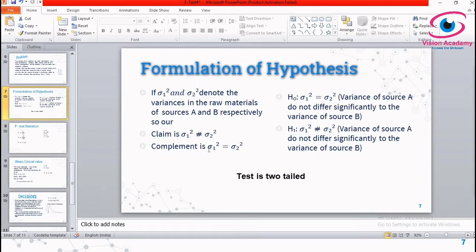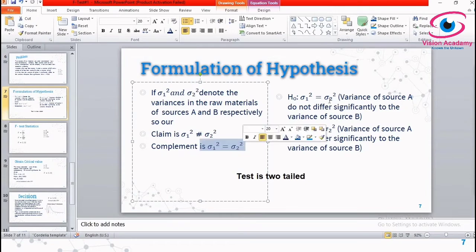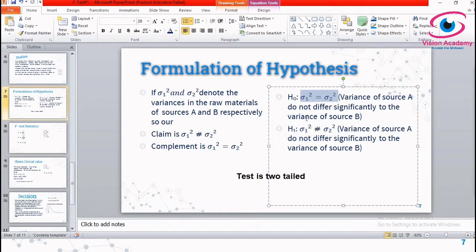So our complement is that source A variance does not differ from source B variance, which means variance 1 equals variance 2. Since our complement contains the equality sign, we take the complement as the null hypothesis and the remaining claim as the alternative hypothesis.